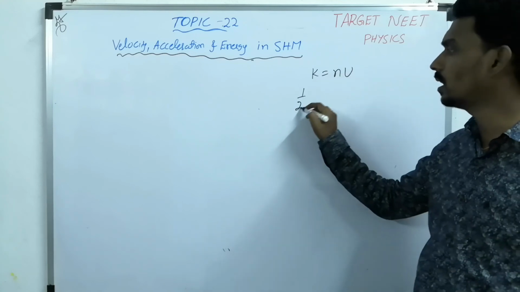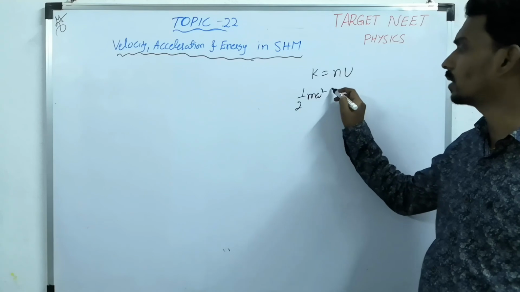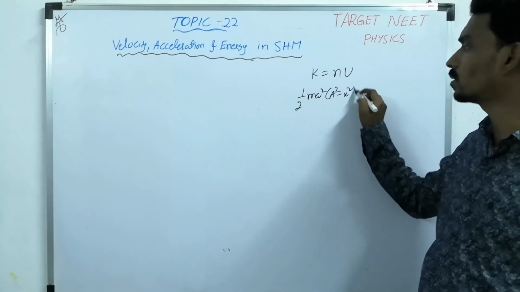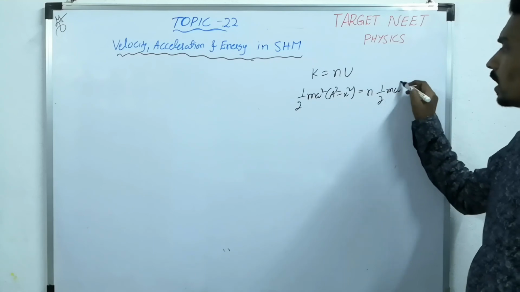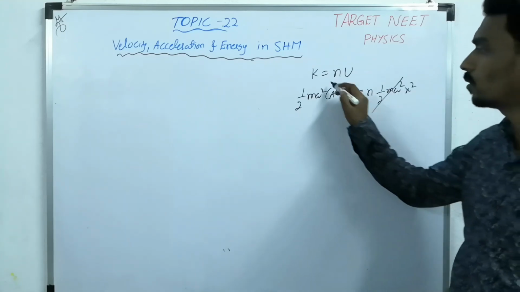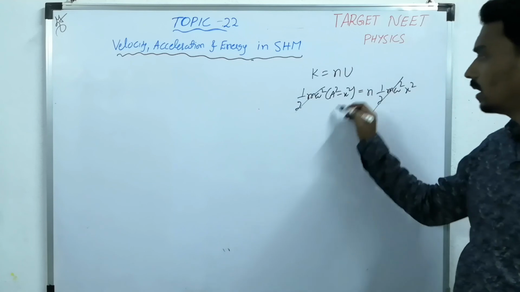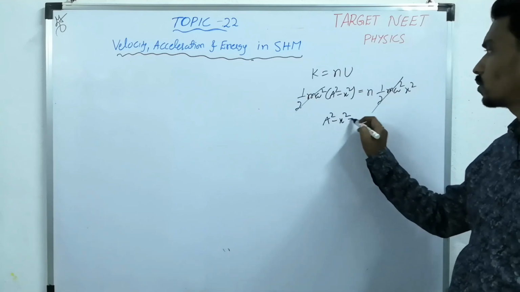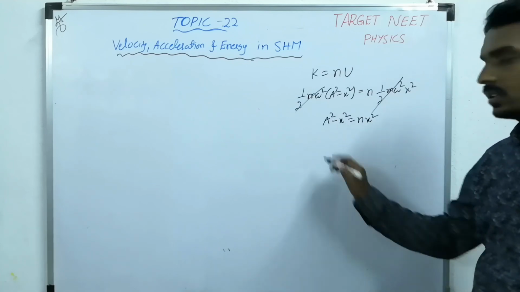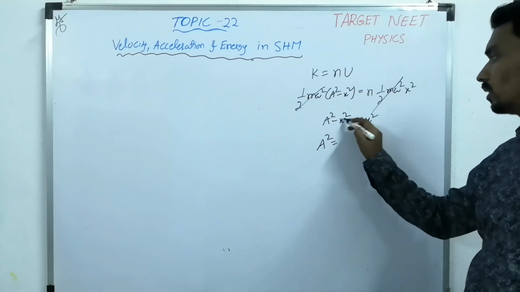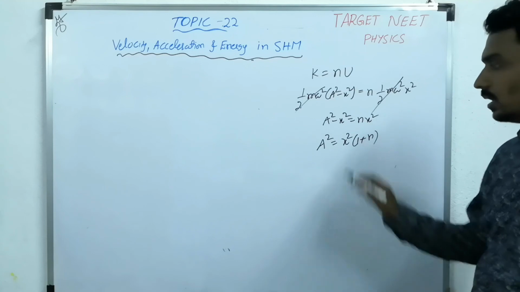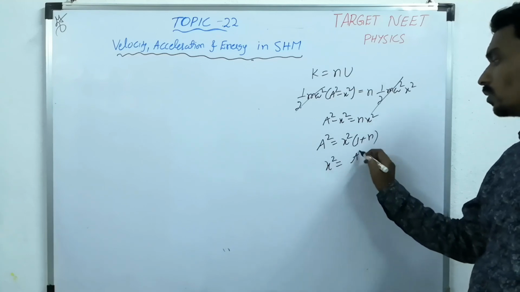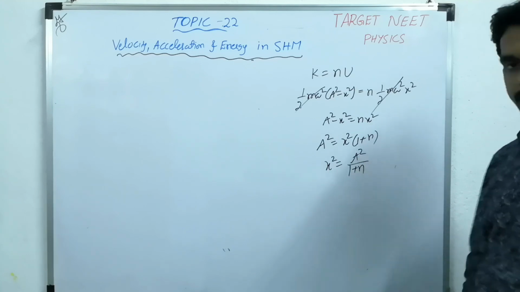Kinetic energy is half m omega square, A square minus x square. That is n times half m omega square x square. Half m omega square cancels. Then A square minus x square equals n x square. Then you bring this side: A square equals x square into 1 plus n. Then x square equals A square by 1 plus n.